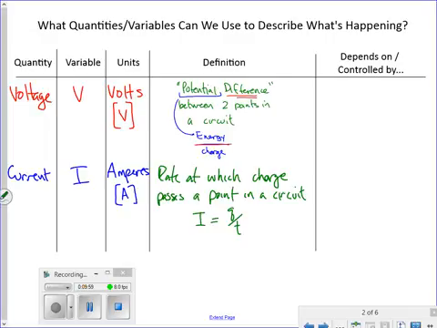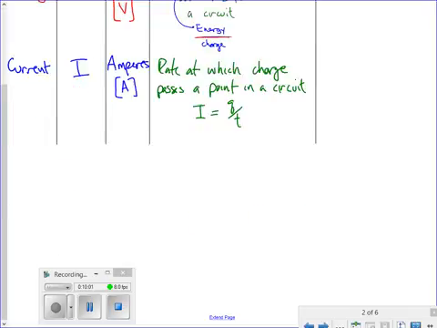Definitional stuff. And another big one is resistance. R, measured in ohms. That's a Greek capital Omega.